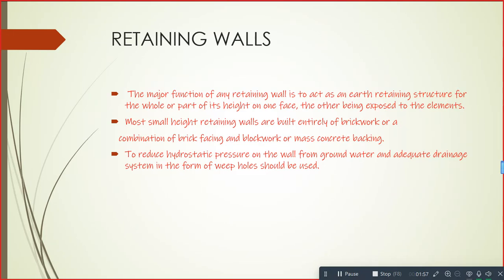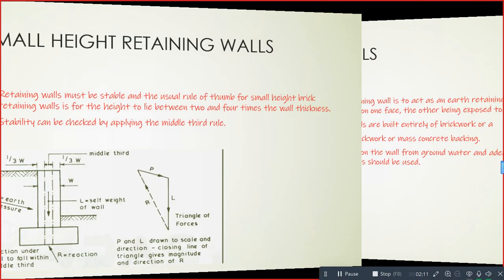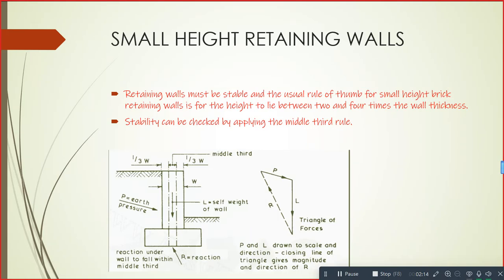Now, to reduce the hydrostatic pressure on the wall during construction from the groundwater, an adequate draining system in the form of weep holes should be used so as to retain your ground. So we have small height retaining walls.